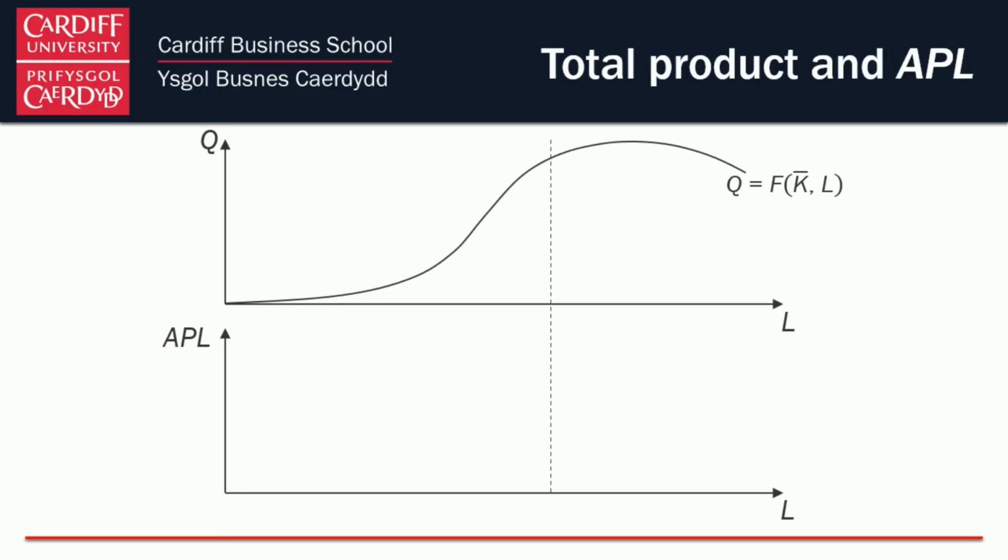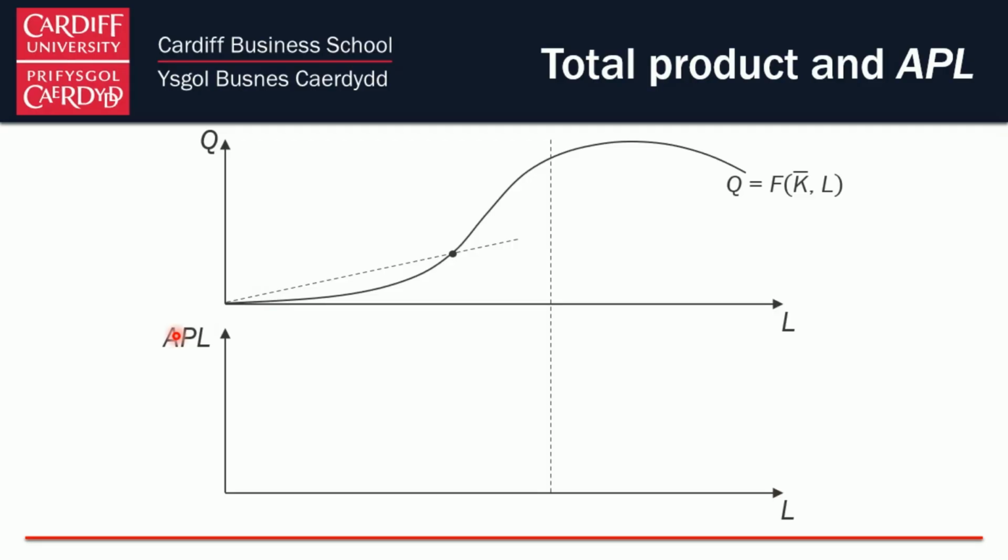Next up, we look at the shape of the average product of the labor. Once again, I have the total product there, and I have L and the average product here, so I'm going to trace out everything in this graph. If you remember, the average product is the slope of the ray that connects the origin and a dot that I choose here. In this region, this ray is kind of flat, so the slope of that is the average product.